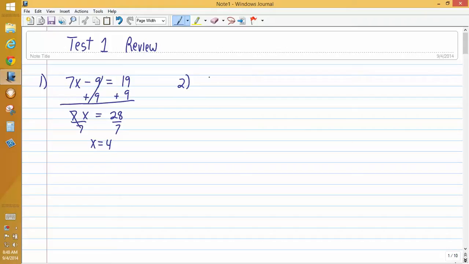Number 2, 7x minus 5x minus 1 equals 2. Distribute your negative. So it's 7x minus 5x plus 1. Now combine like terms.